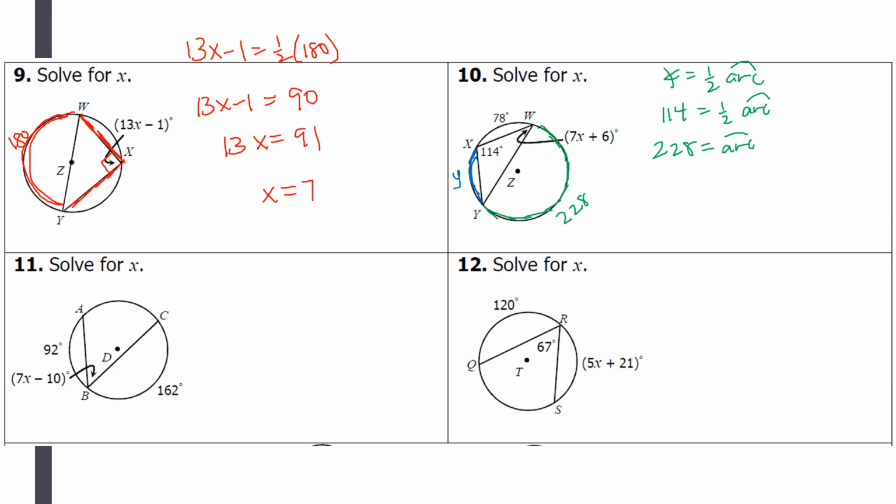And the 228, all three of those arcs together have to make 360. So now we can find that missing arc. 360 minus 78 minus 228 is 54. So the blue arc is 54 degrees.